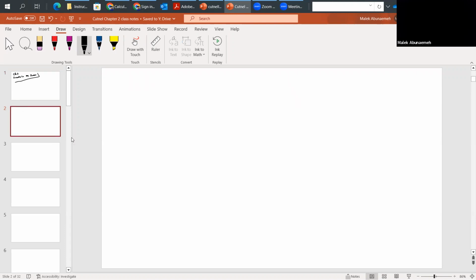So let's start by talking about motion. What is the definition of motion? Now, we said an object is in motion if the object moves. What does that mean? Let's go ahead and write this down.